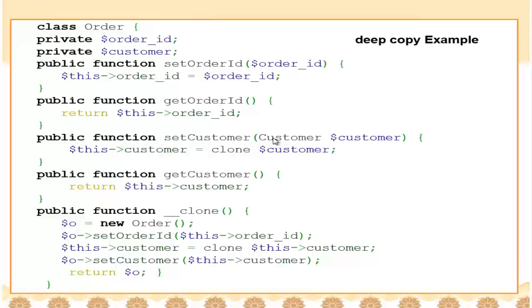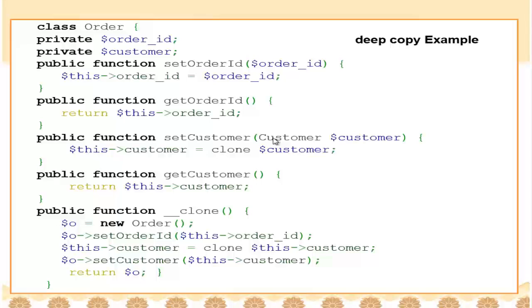Look at the way it is being done. I'm not saying customer is equal to how it is done over here. So if you notice this one, this is a straightforward way. This is just a copy of order ID to the order ID here, whereas here a copy of the customer is done. Because the customer is an object, you create two objects, give one to this side and give the other one to your side. So this is the copy.